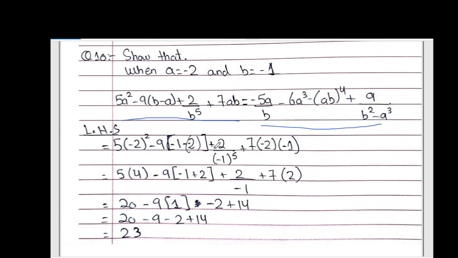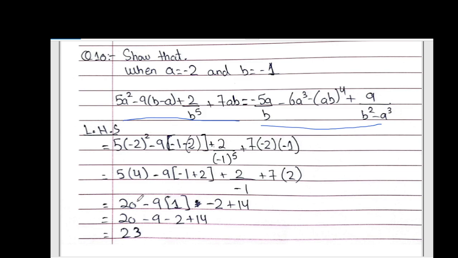Then plus 2 over b, minus 1 power 5, plus 7 times a, minus 2, times b, minus 1. So 5 as it is, negative 2 squared will be positive 4, minus 9 as it is, minus 1 as it is, minus minus plus 2, then plus 2 over minus 1 raised to power 5 will be minus 1, plus 7 into minus 2 into minus 1 will be positive 2.